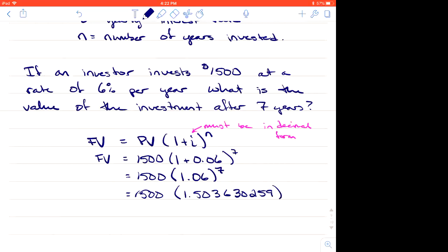1.503630259. Let's see here. 1.06, maybe I did it wrong. 1.503630259. Oh, we'll change the number of decimal places. There you go.